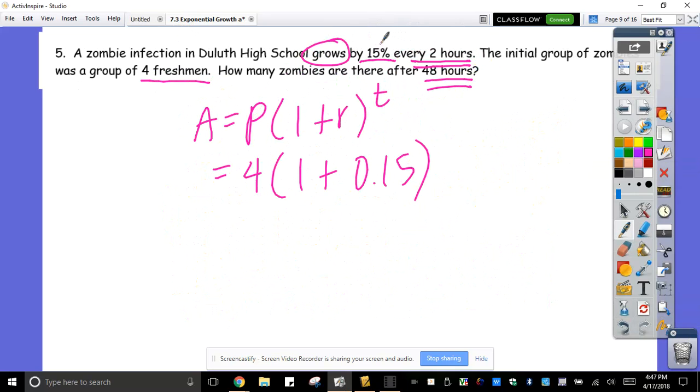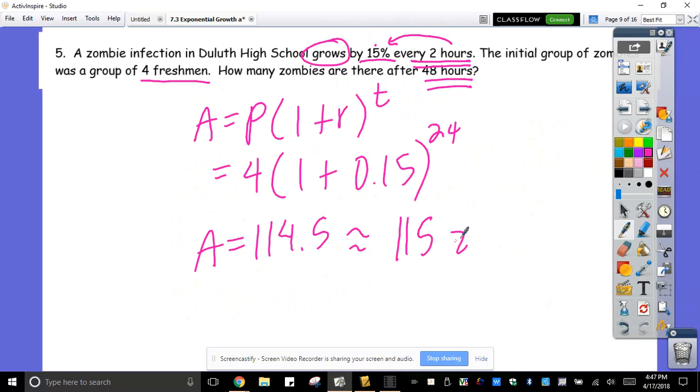If the zombies grow 15% every 2 hours, how many 2 hours are there in 48 hours? That's going to be 24, right? So you plug that in the calculator, that should be easy. 1.15 raised to the 24th, times 4. So it will be 114.5, or approximately 115 zombies.